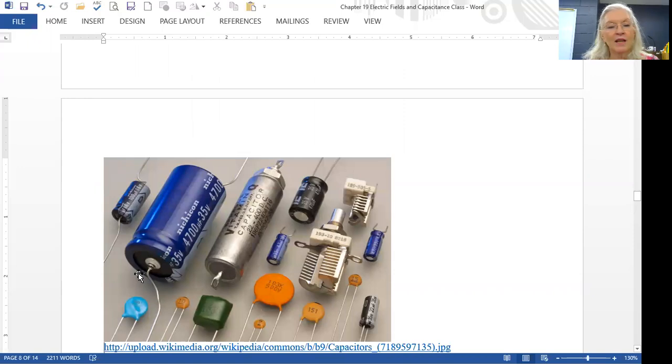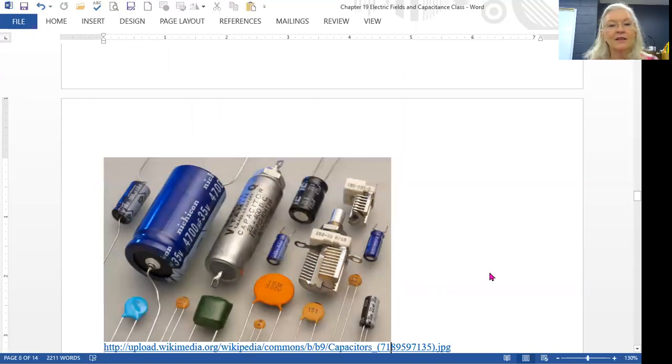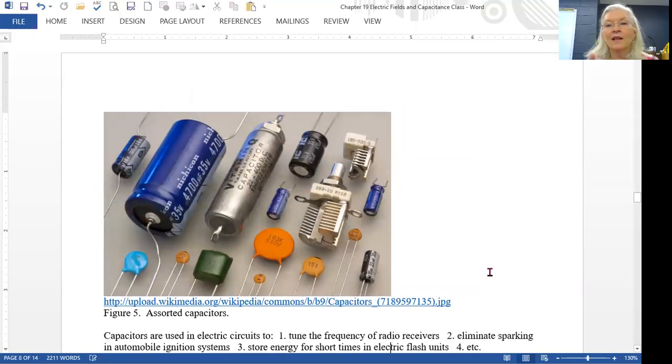In an electronic device, capacitors can look like all kinds of different things. They can be really small, like the size of somebody's thumbnail, or even the nail on your little finger, or even very big, like the size of a gallon of milk, or even larger than that. So these are all kinds of different capacitors in this photograph.